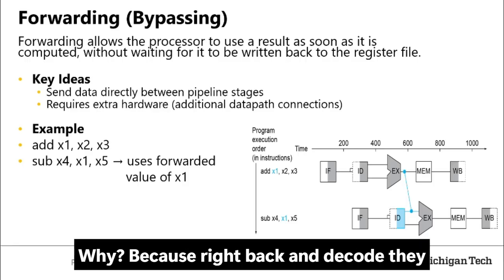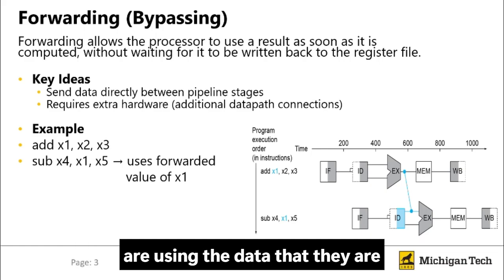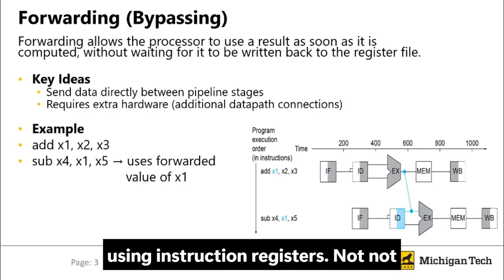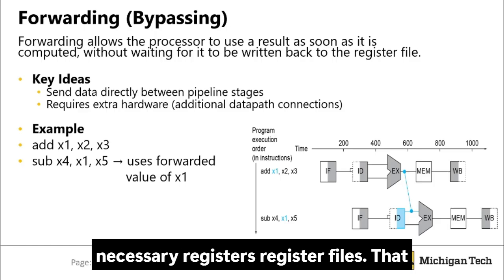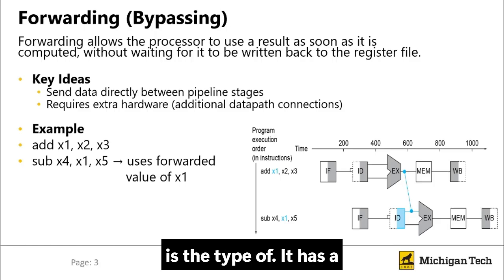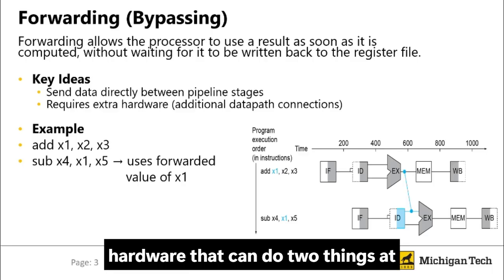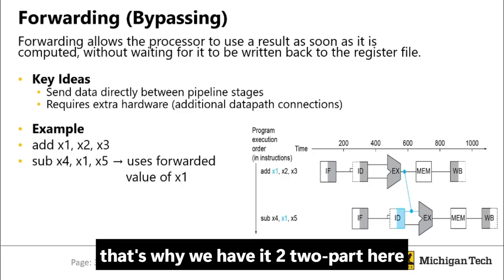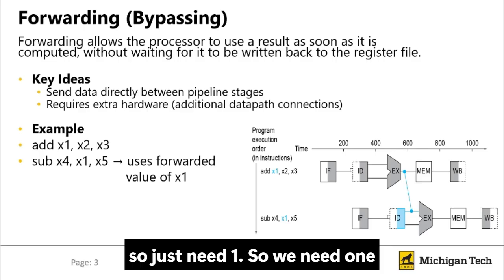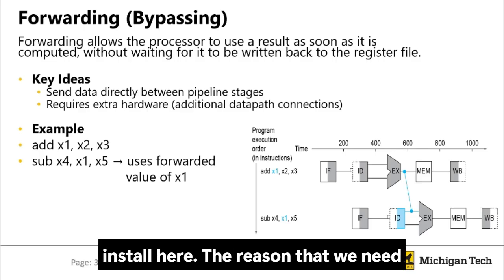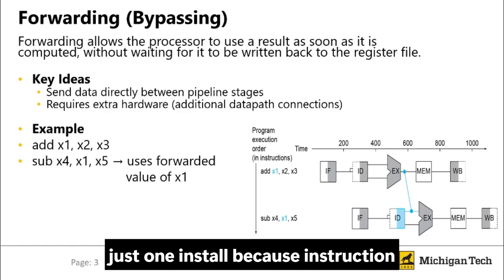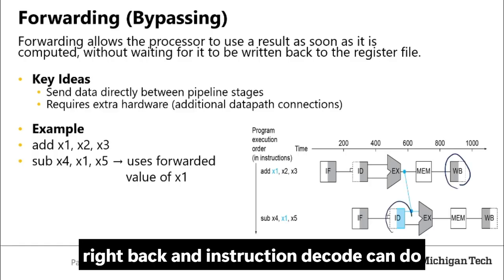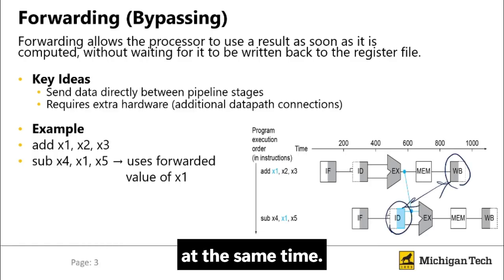Because write back and decode are using the register file, which has hardware that can do two things at the same time. We can read and write. That's why we have two parts here. So we just need one stall. The reason we need just one stall is that write back and decode can be done at the same time.